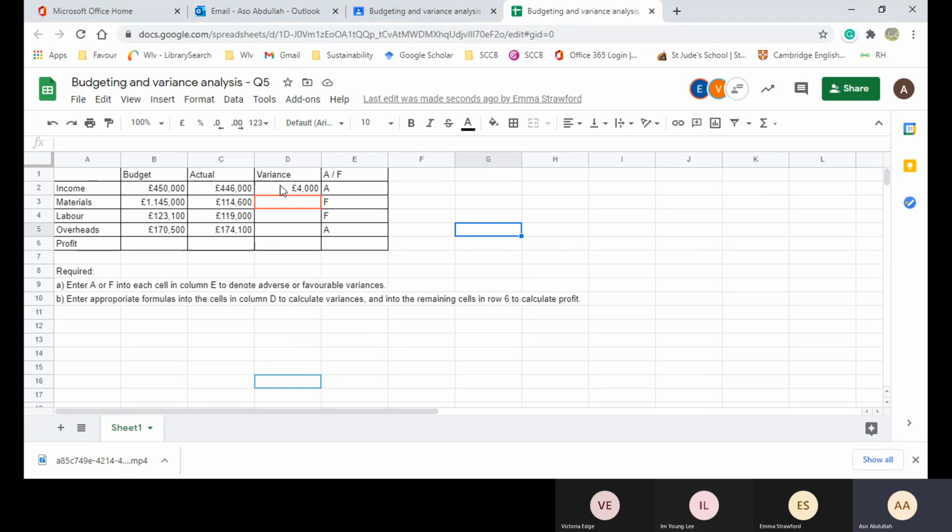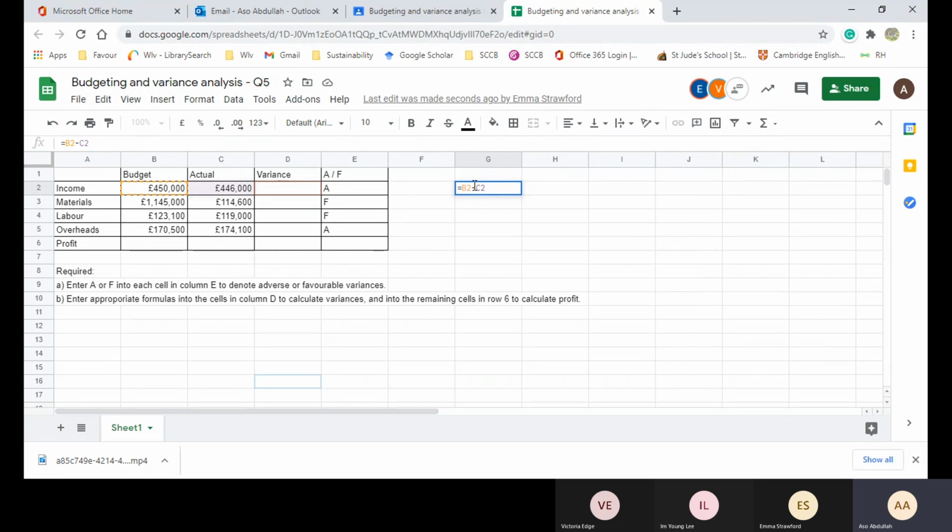The requirement here only says to provide the formula. For example, for the first one it should be equal to B2 minus C2.